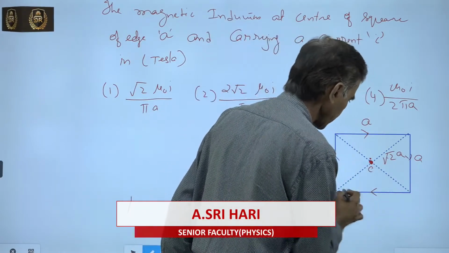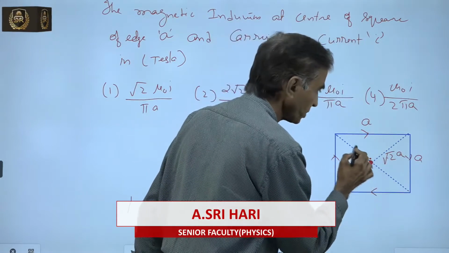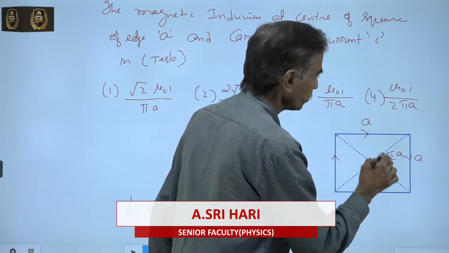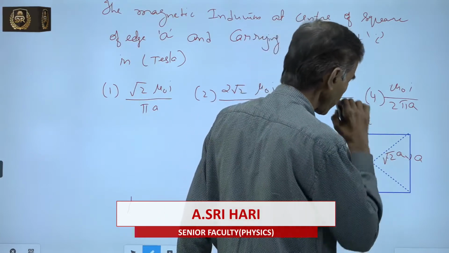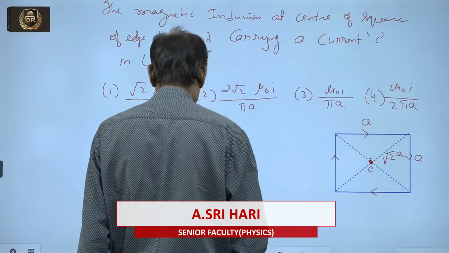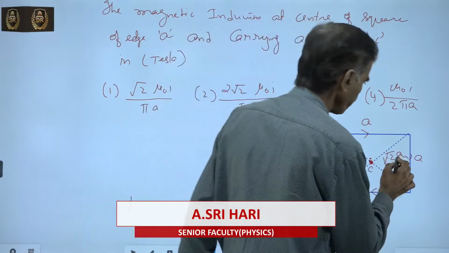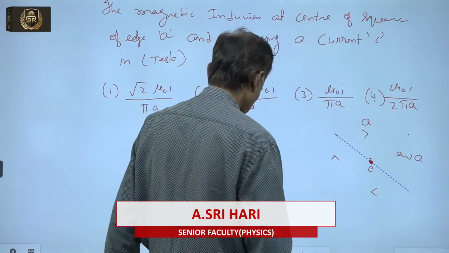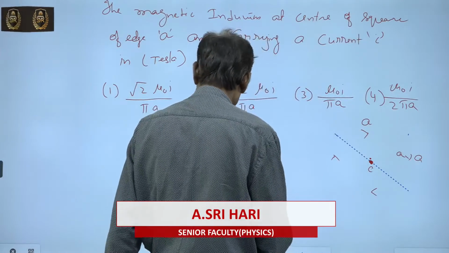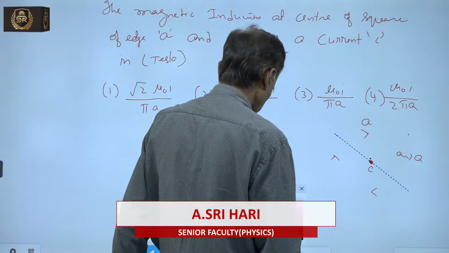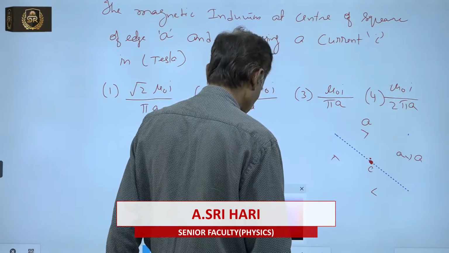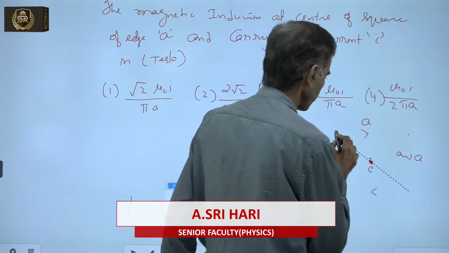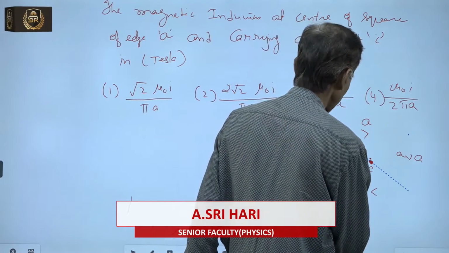Therefore half of that is root 2A by 2, that is A by root 2. Half of the diagonal. So this is our square.